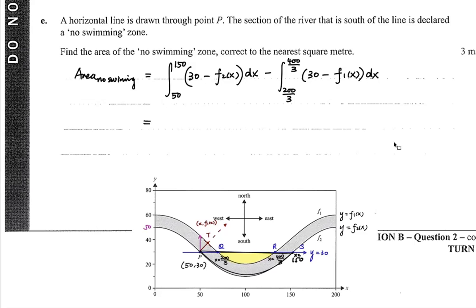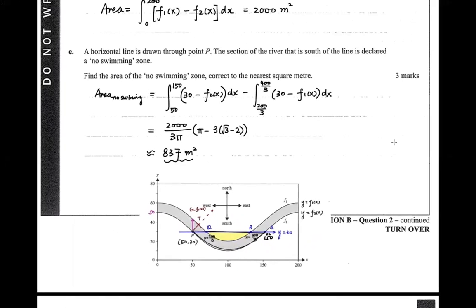Then you just use your CAS calculator to evaluate this expression, which is 2,000 divided by 3 times (pi minus 3 root 3 minus 2). Approximately it's equal to 837 meters squared. Okay, easy.